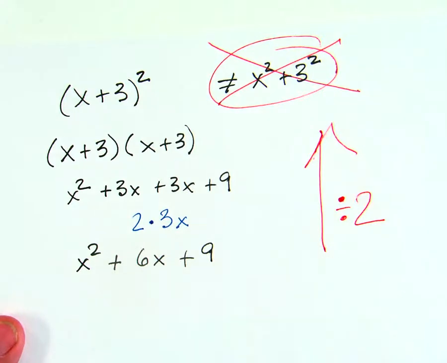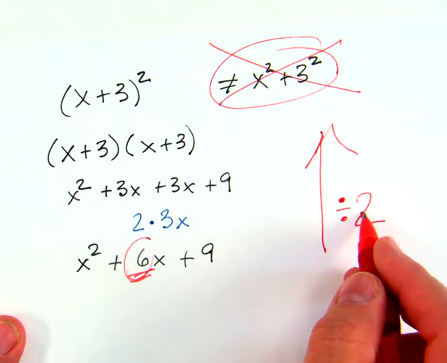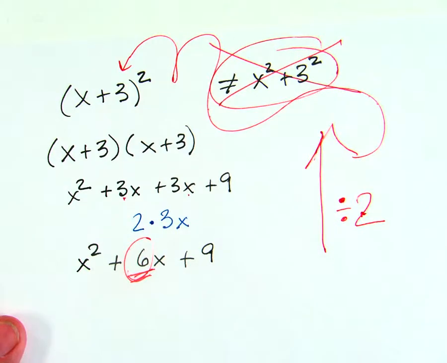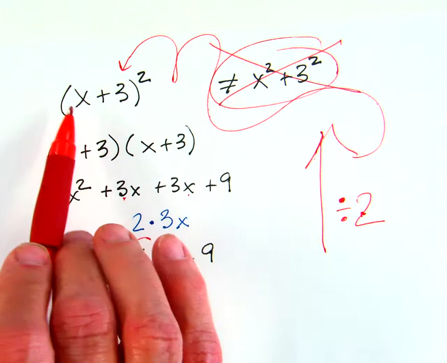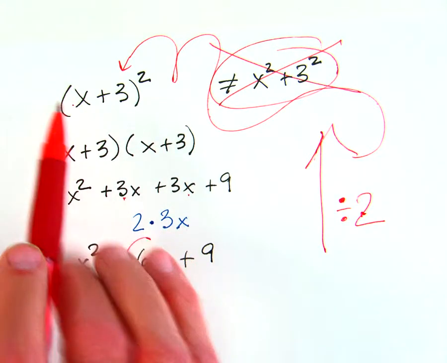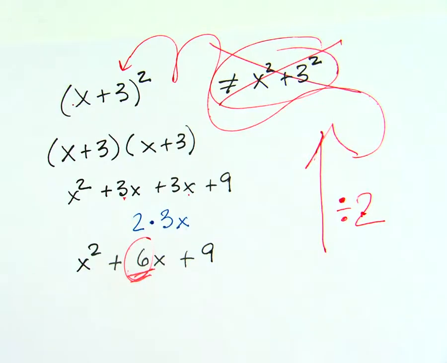So I take 6 divided by 2, and it tells me that it's going to be a 3 in there, just like it was a 3 and a 3 here. This works, of course, when there's no coefficient other than 1 with the x term, and we will assume that, which I'll talk about here when we do our completing the square.